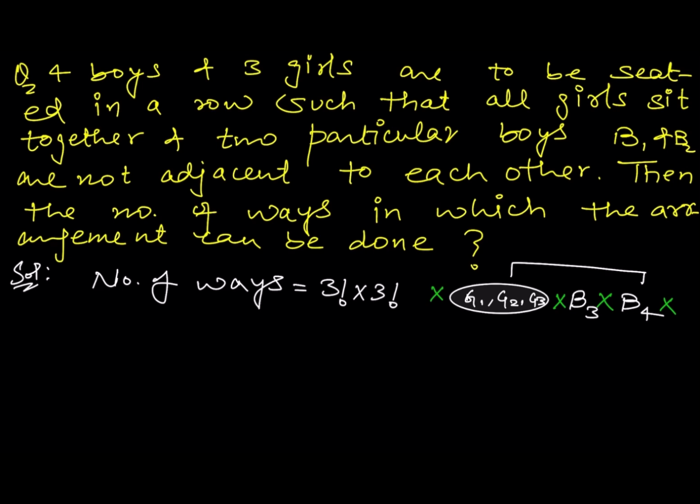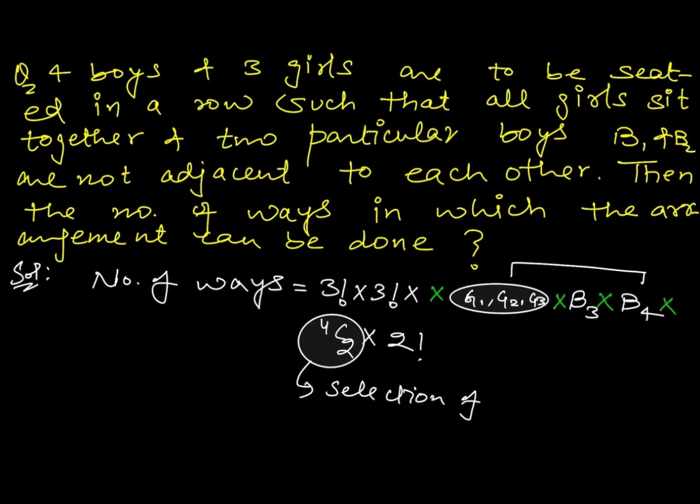So by using the fundamental principle of counting, the total number of ways will be 3 factorial into 3 factorial into 4C2 into 2 factorial, right? So this 4C2 represents selection of 2 gaps out of 4, right?